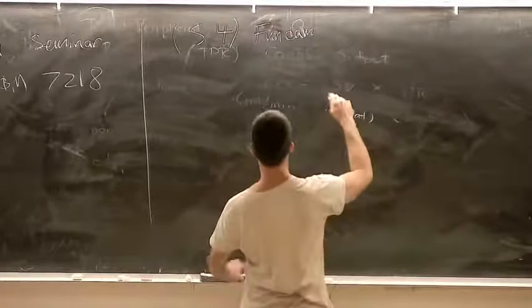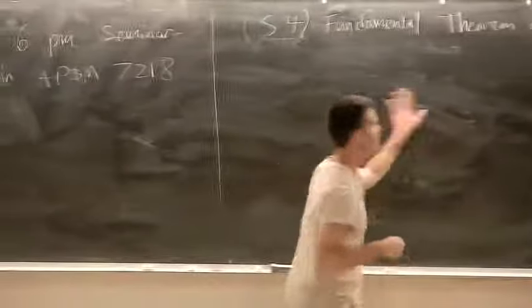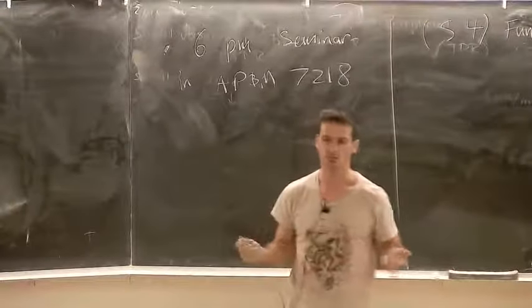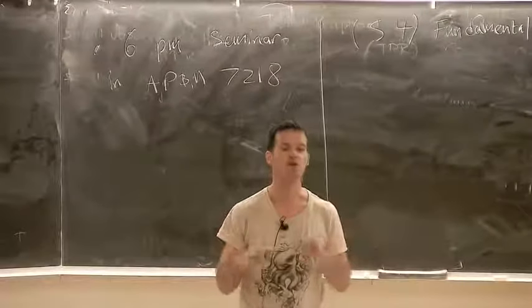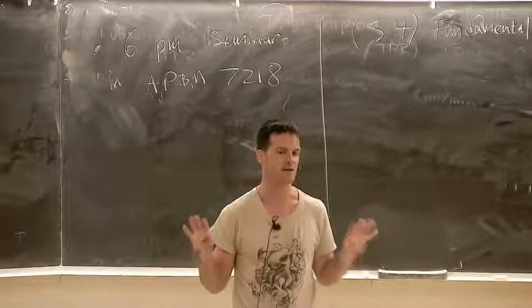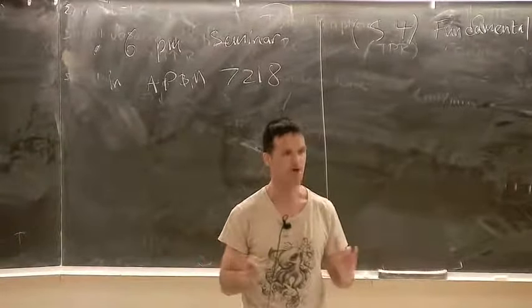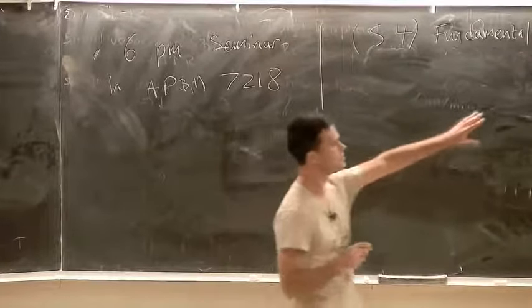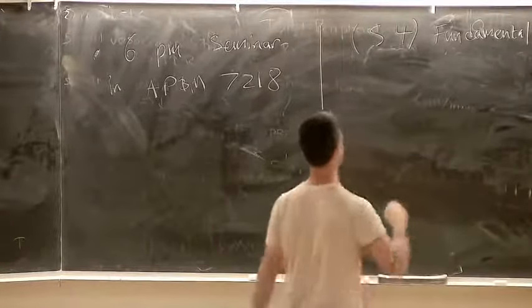Okay, so this one is the fundamental theorem of algebra, and what does it say? It says, in words, you can completely factor any polynomial. So the reason we had to learn complex numbers first is that you need them to fully state this, and here's what it is.